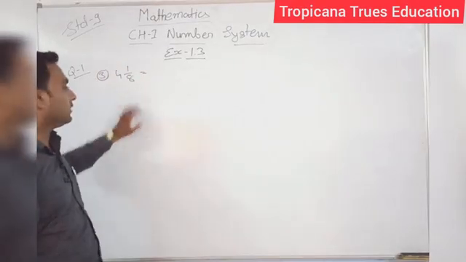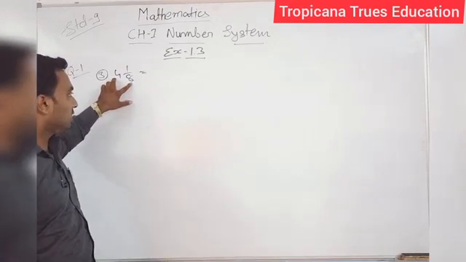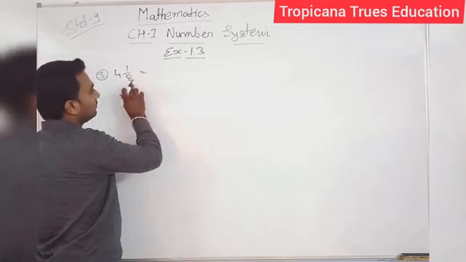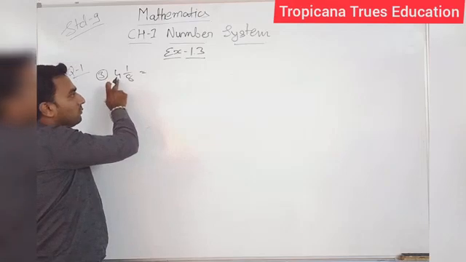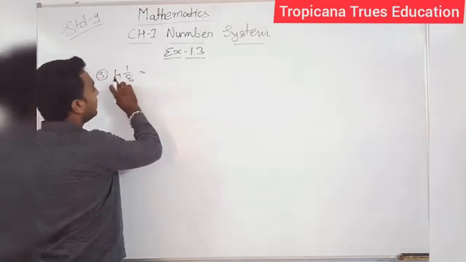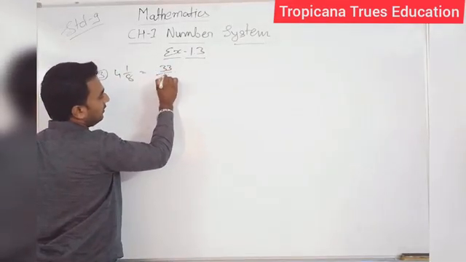We have to convert it into a simple fraction. Now see, how can we convert it? First we have to multiply the denominator with the whole number. So 8 fours are 32. 32 plus 1. That means you have to multiply these both numbers. The answer will be added to the numerator. Okay. So 8 fours are 32 plus 1, 33 divided by 8.